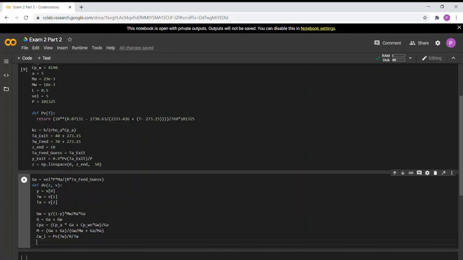Then this is the molar flux equals Kc times this minus y times P pressure over R times TA.